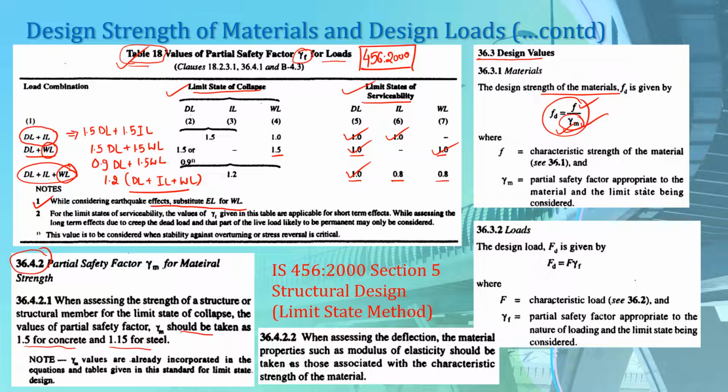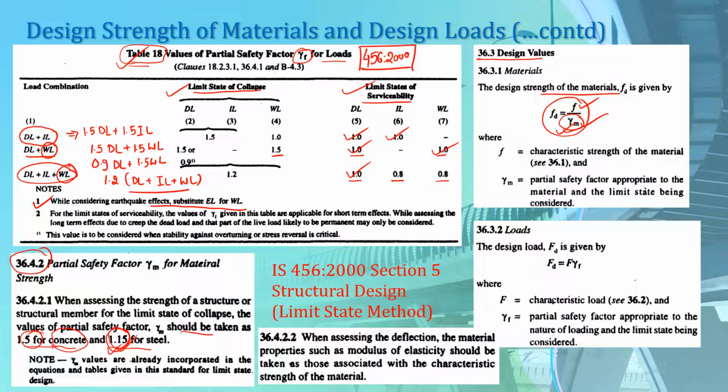You can see that the partial safety factor for strength of concrete is greater than that for steel. It is because steel is manufactured in the factory itself, and under factory conditions, greater care can be taken for proper manufacturing. So there are comparatively fewer constraints in the manufacture of steel. But concrete is generally prepared at the site itself.